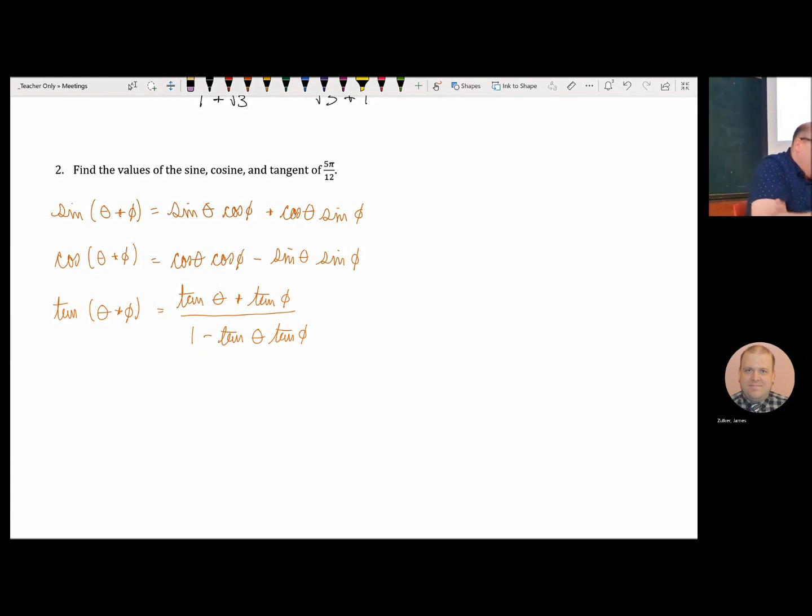The identities are the exact same, except you just flip the signs. So every single sign just flips from the difference identity to the sum identity, and vice versa.